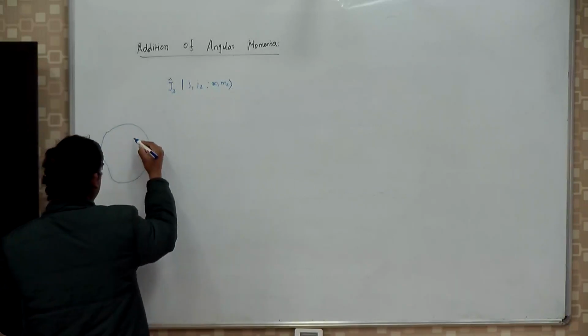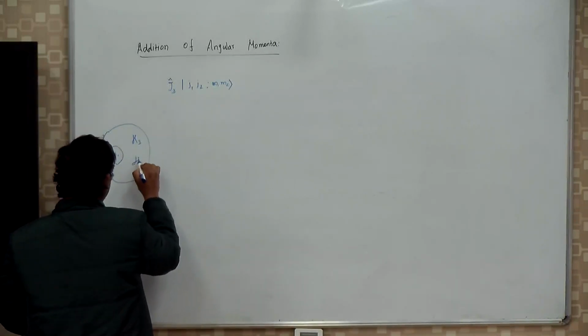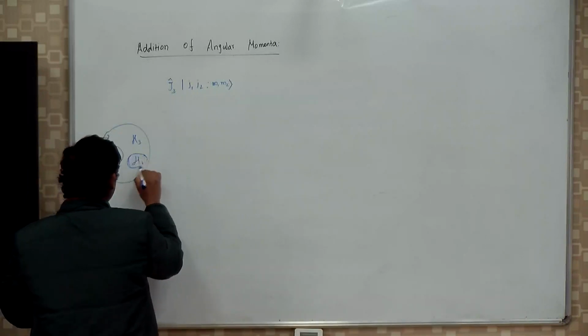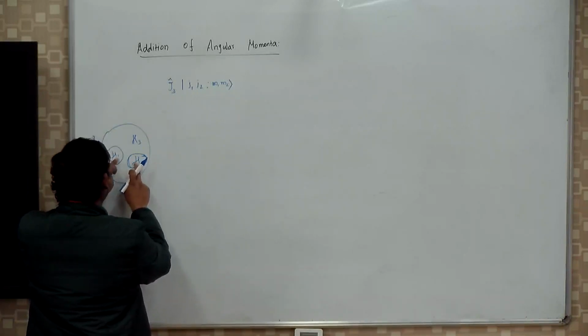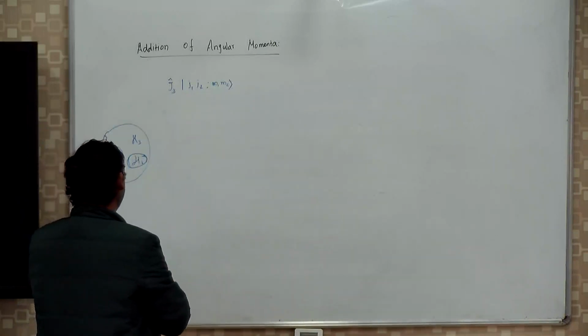This is the system H3 and H1, H2. So the combined H1 and H2 is written |J1 J2 M1 M2⟩.